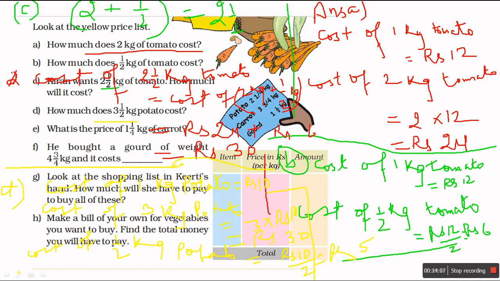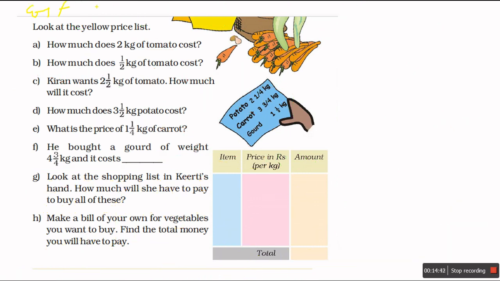Okay, so cost of 3.5 kg potato is equal to cost of 3 kg potato, rupees 30.